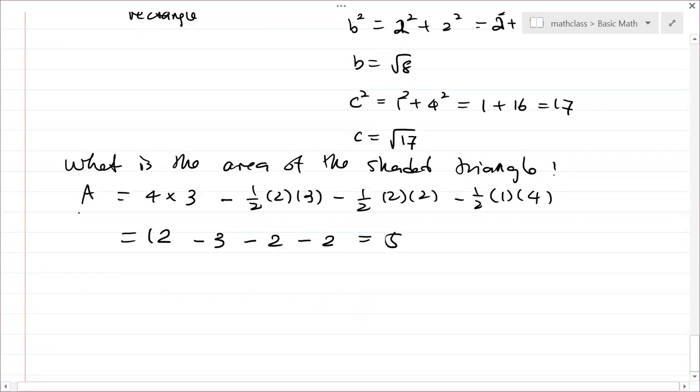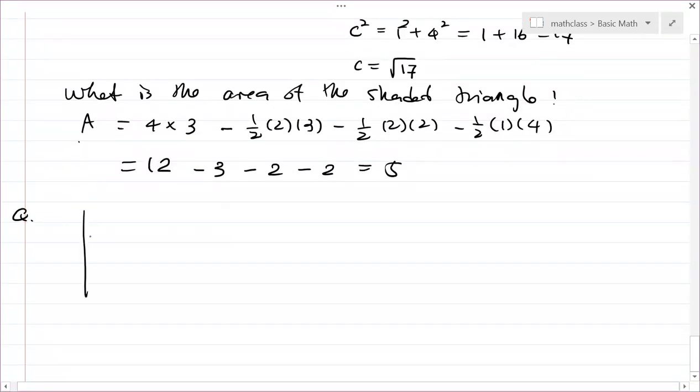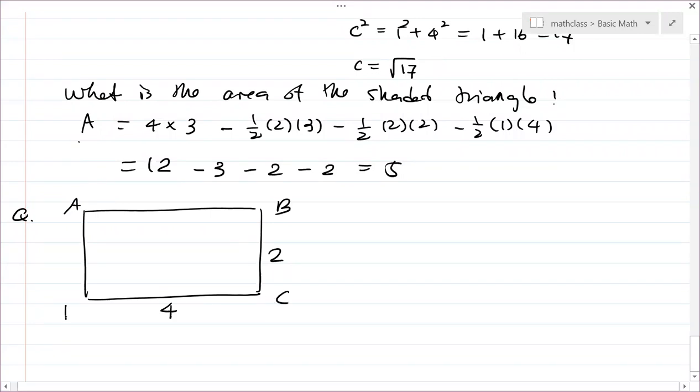Okay, here's a question again. I have this as a base. It's 2. Okay. So what I'm going to do is here's A, B, C, D. My question is, I choose a point E. E is arbitrary.